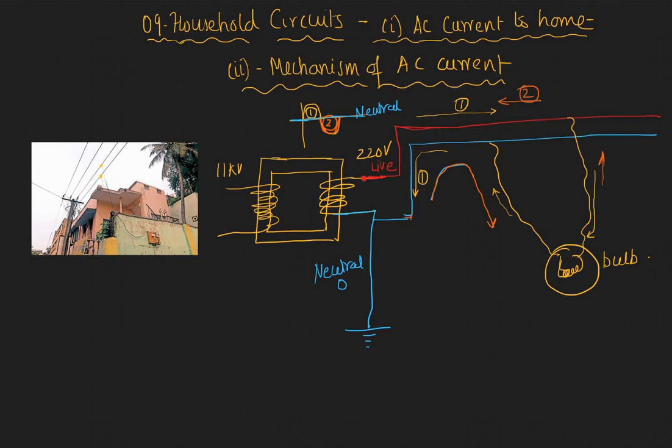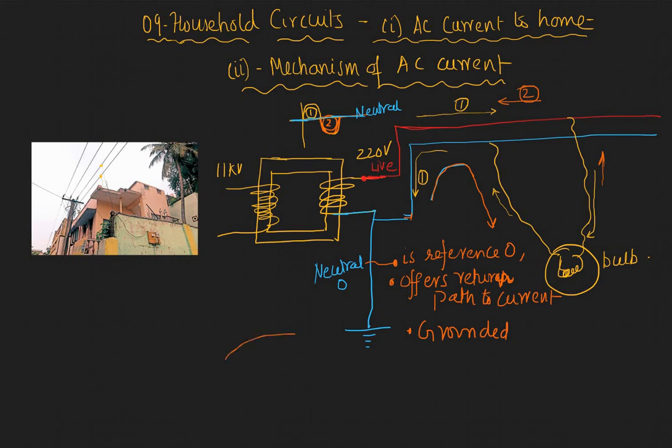So we generally say the neutral is the reference, 0. It offers the return path to current. It is grounded because the Earth is an infinite sink of electrons, and it can also offer infinite electrons.